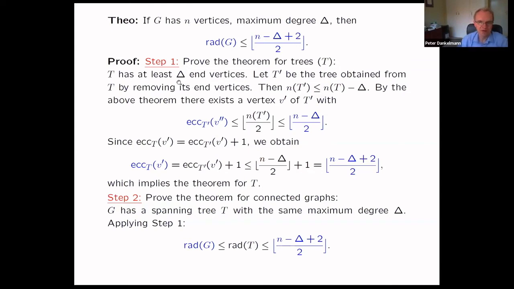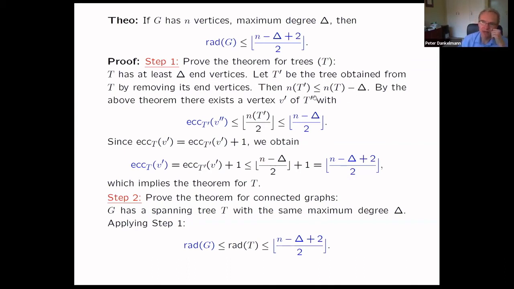We may have learned in a graph theory lecture that if we have a tree with maximum degree delta, then this tree must have at least big delta end vertices. So let T prime be the tree obtained from T by removing its end vertices. So that's exactly what we did just a moment ago.